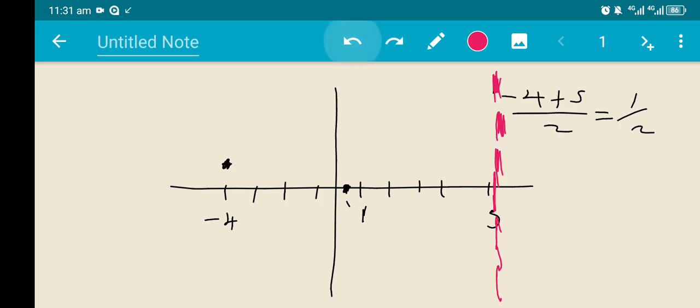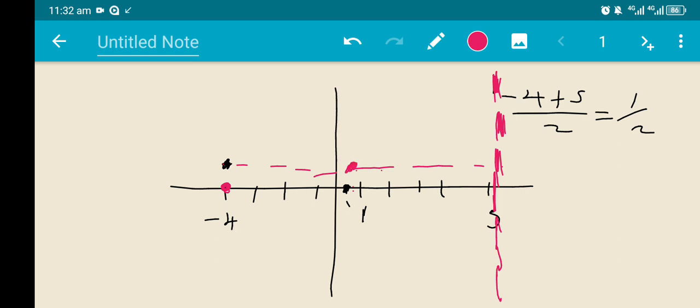Then we've been told the focus is not just at 4, but at 4 comma 1. So the same goes for our vertex, because they have to be on the same line. The line is here. So it is located at half comma 1, meaning somewhere here.